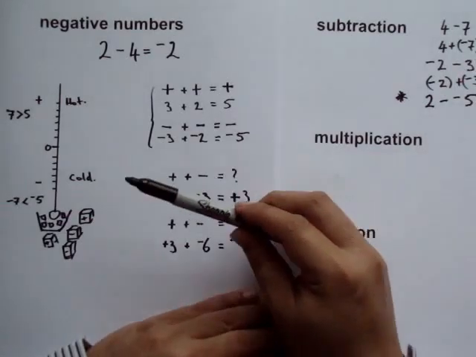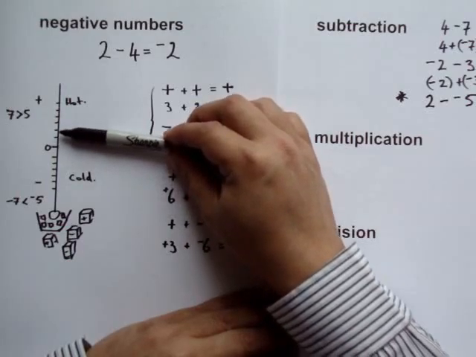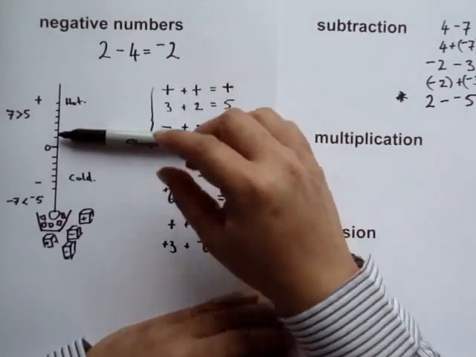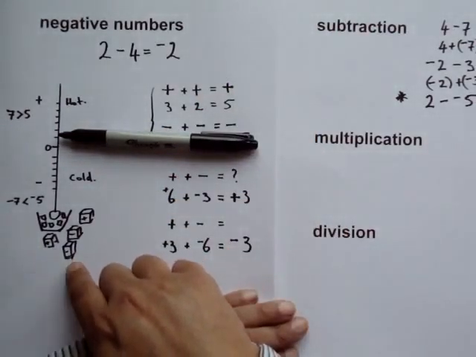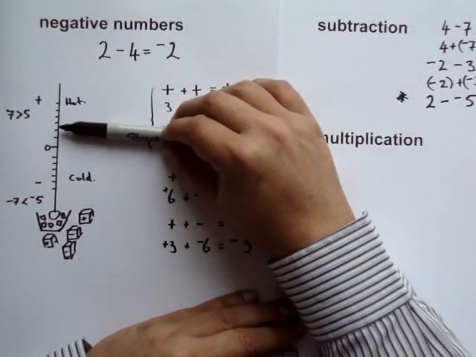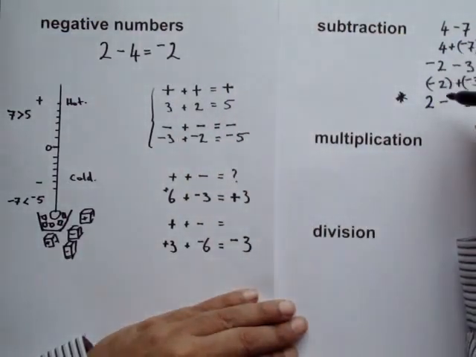So remember when we were on this scale, we had a 2, and we're there on the scale, and we take away from the mixture some negative energy cubes. So the mixture is going to get hotter. It's going to go up the scale. So that's like adding.